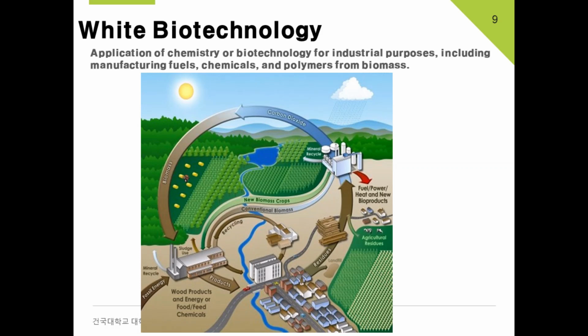This is an example of a biorefinery for ethanol production from sugarcane. The sugarcane biomass is firstly pre-treated. Now there are three main types of pre-treatment. First is physical pre-treatment, which is when the biomass is harvested or milled or cut from the crop.